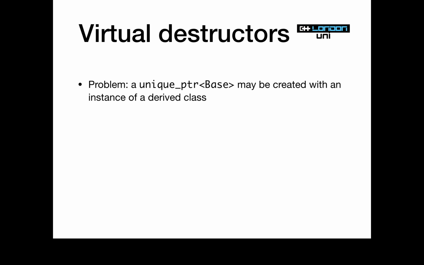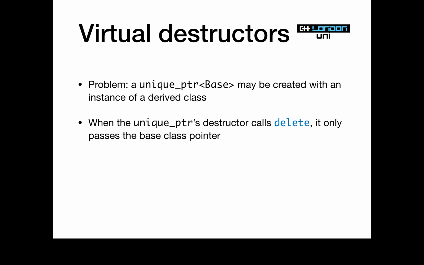So here's the problem. When we create a unique pointer to a base, it may be created with a pointer to an instance of a derived class. So back in the slide before, you saw unique pointer angle brackets animal, and I created that with a new cat. And that's fine, as far as that goes. The trouble is, when the unique pointer's destructor calls delete, it only knows about the base class pointer.